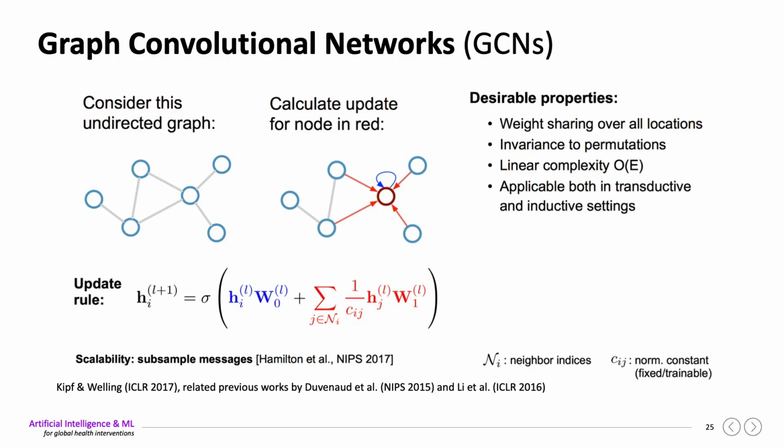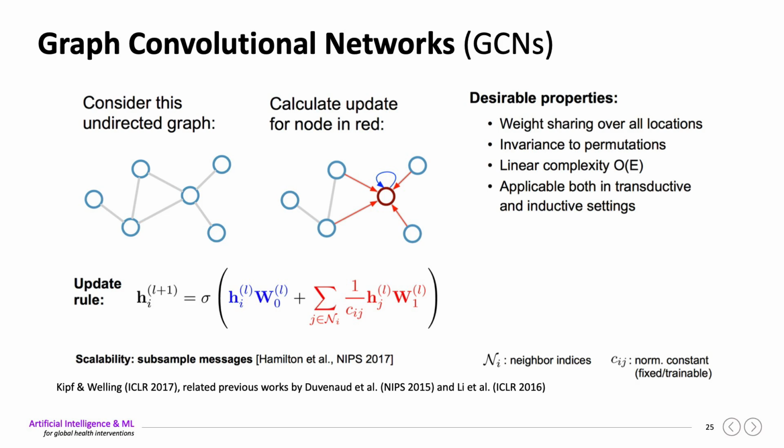Turning to graph convolutional networks, or GCNs, from Kipf and Welling, ICLR 2017, with related earlier work by Duvenaud and colleagues, NIPS 2015, and Li and colleagues, ICLR 2016. On the left, we consider an undirected graph and calculate the update for a single node, highlighted in red, aggregating messages from its neighbors, including a self-loop.